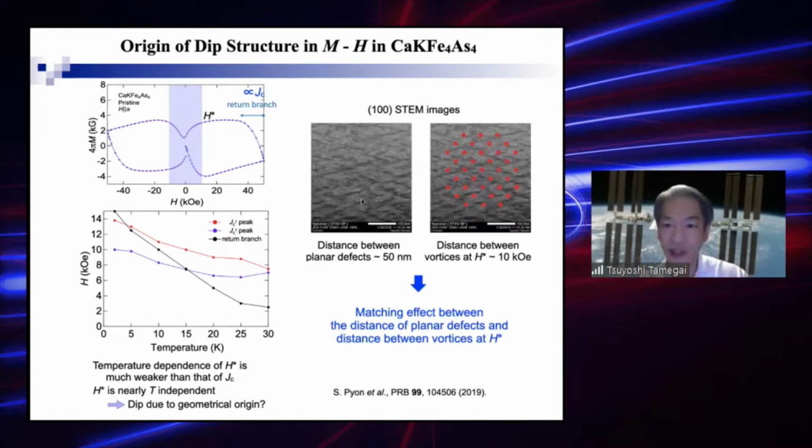And then what is the geometric factor? It is this defect spacing in the TEM image. So H star is roughly 1 tesla. If we put in 1 tesla, the vortex spacing clearly matches this defect structure. So we think this first initial increase is a matching effect to this high density defect structure.